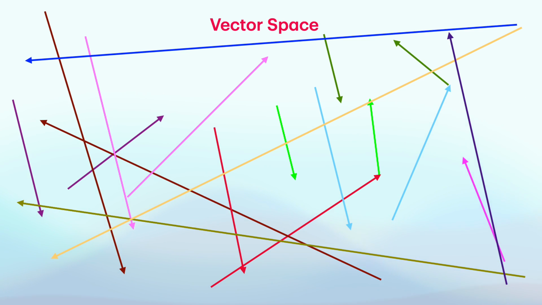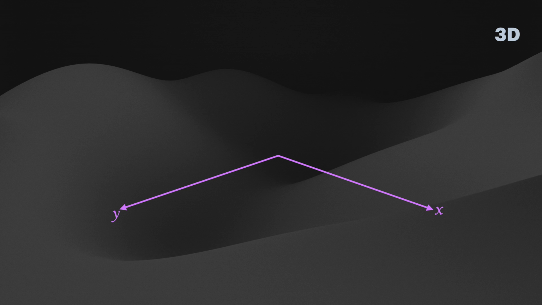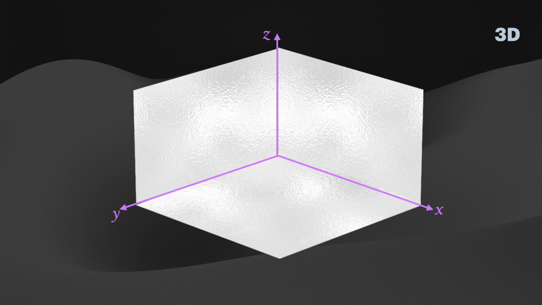To get a sense of how things change in higher dimensions, we look at the three-dimensional Euclidean space. We have to expand our set of axes by including the third dimension. We label the third axis as the z-axis.